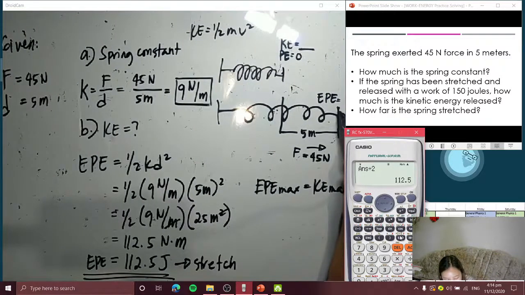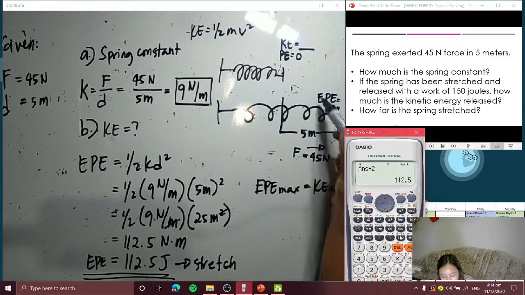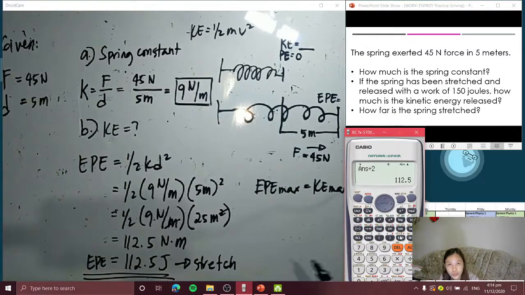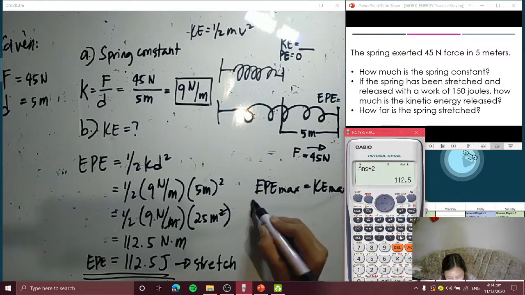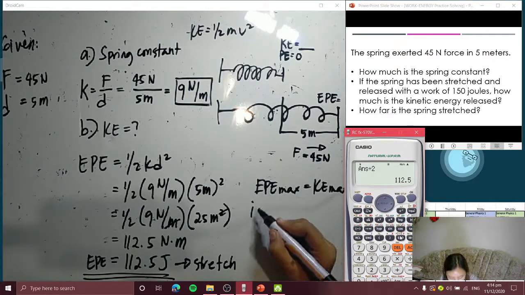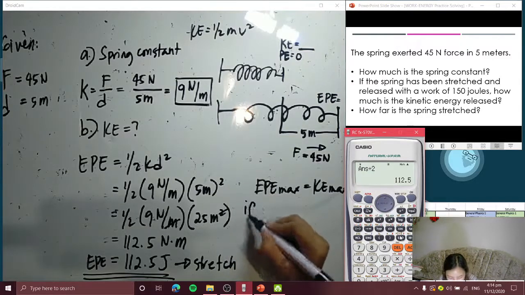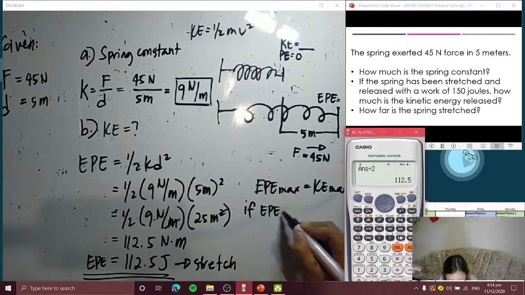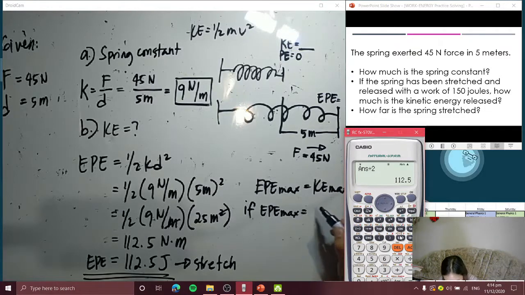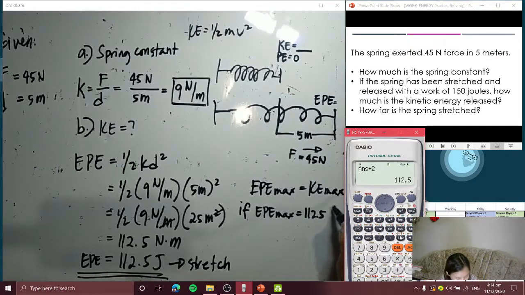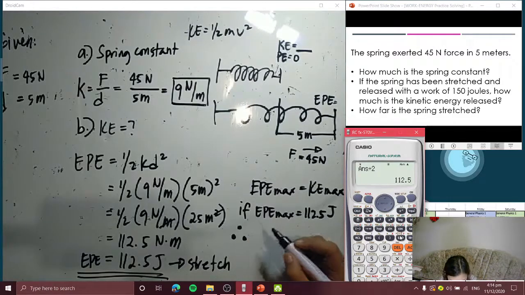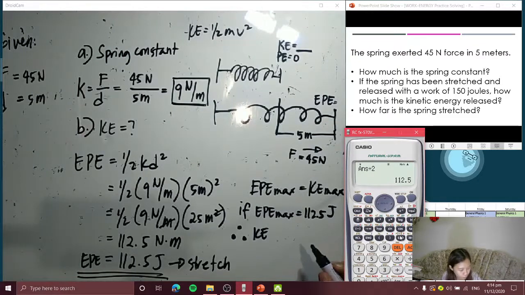Halin diri pag-release mo, ang iya nga potential energy will be gradually transferred to kinetic energy. So, if EPE maximum is equal to KE maximum, and EPE maximum is equal to 112.5 joules, therefore, ang imo nga kinetic energy, pag-release mo na, would be equal to 112.5 joules. Parehas na sila nga duha.